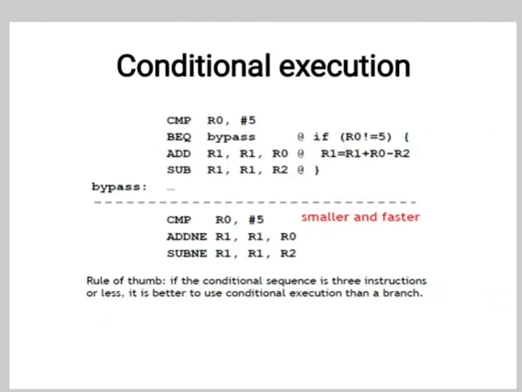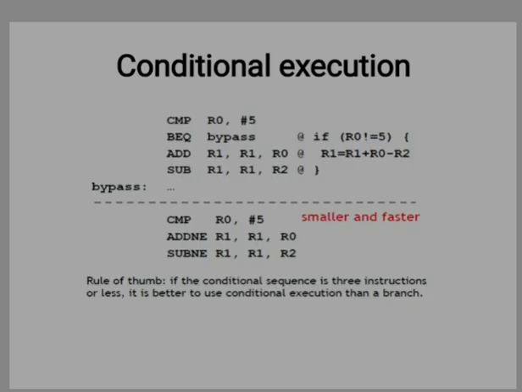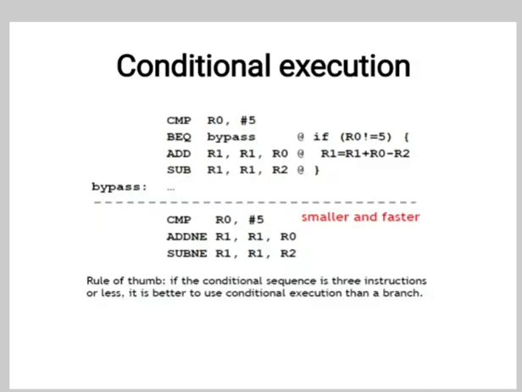So conditional execution: CMP R0, #5, BEQ bypass, if R0 is equal to 5. ADD R1, so R1 is here the destination register, so it is equal to R1 plus R0 minus R2.